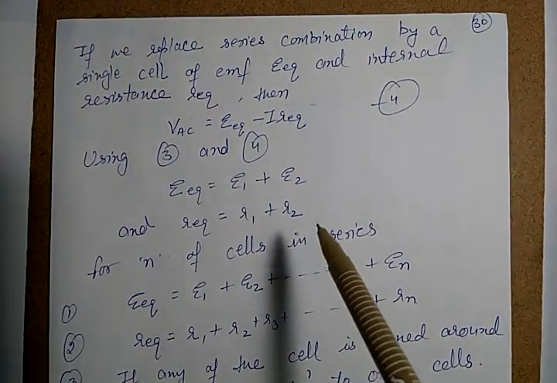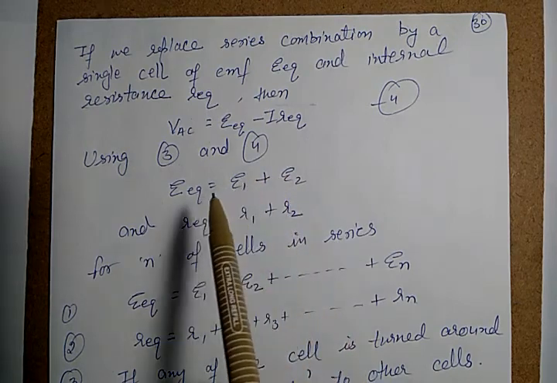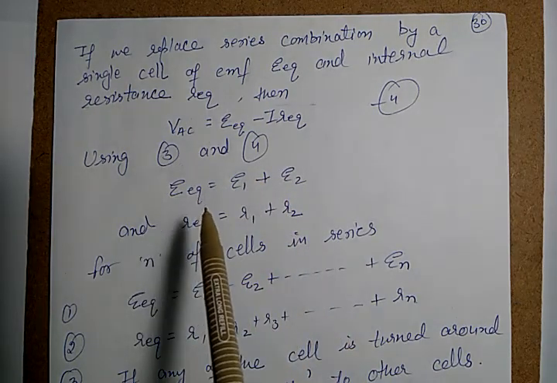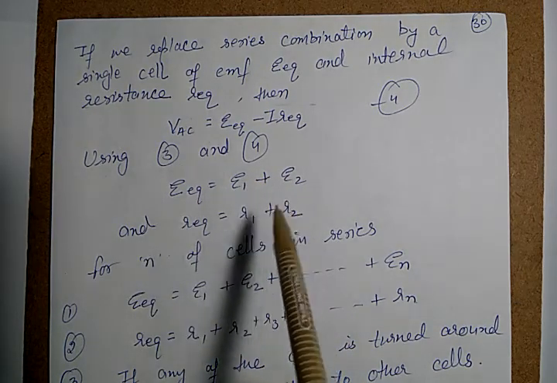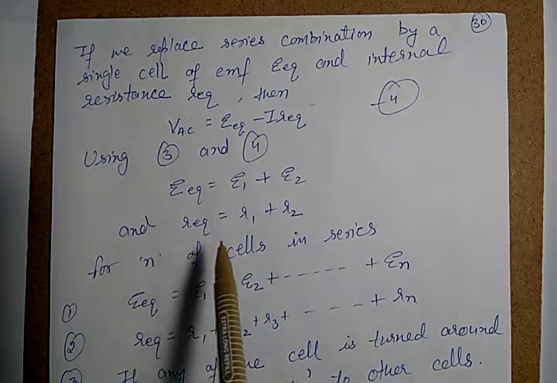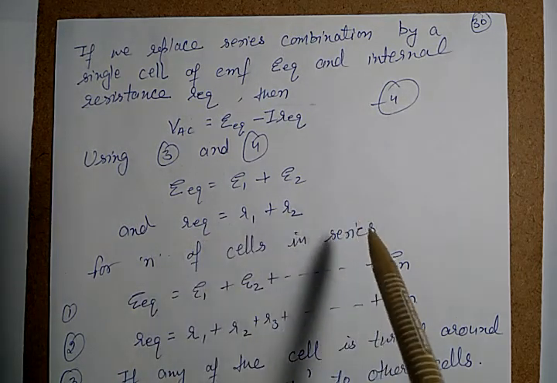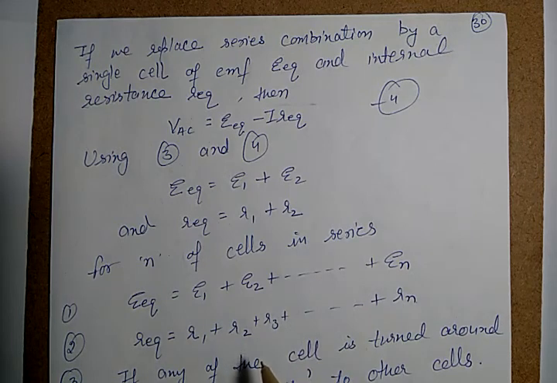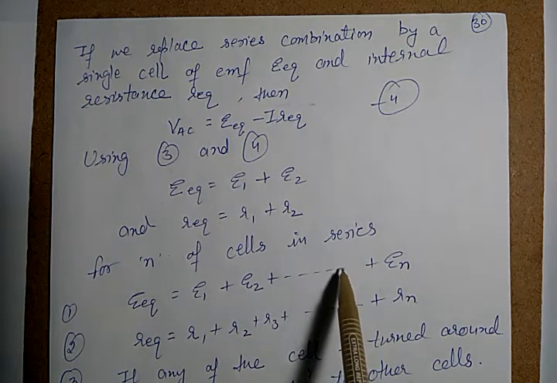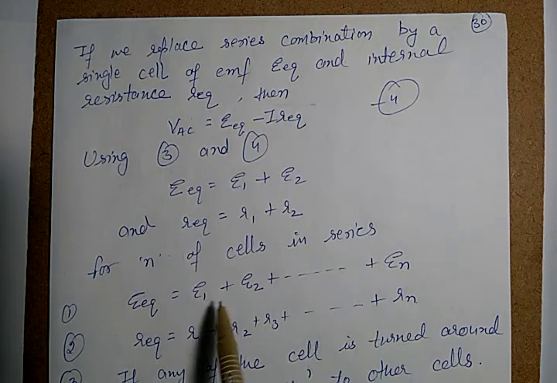If we compare equations 3 and 4, what are we obtaining? We are getting that E equivalent is equal to E1 plus E2 and R equivalent is equal to R1 plus R2.